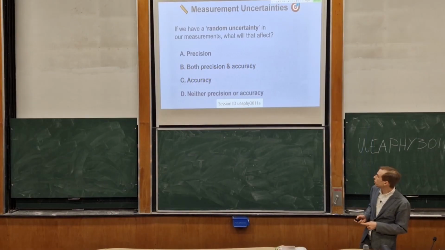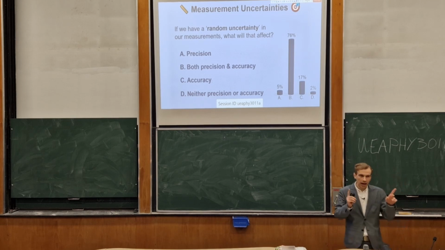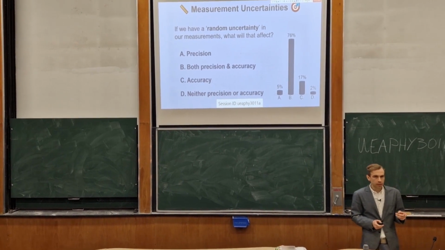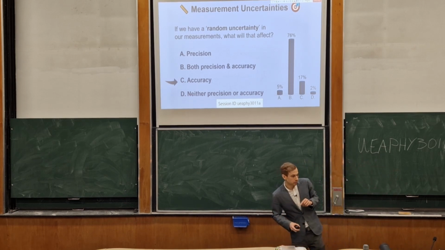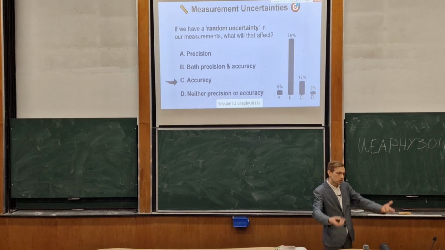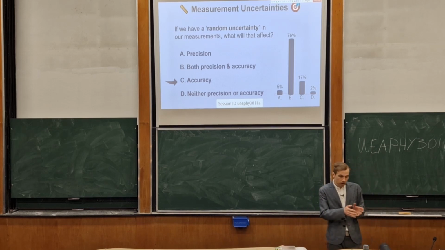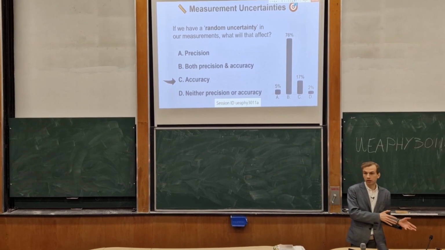Okay, let's take a look. Let's see what the answer is. Most people think it's going to affect precision and accuracy. Okay, and I can see you're thinking there. Let's see what the result is. It's only actually going to affect accuracy, because if we have some element of randomness in our measurements, that's not going to preferentially move us one way or another.